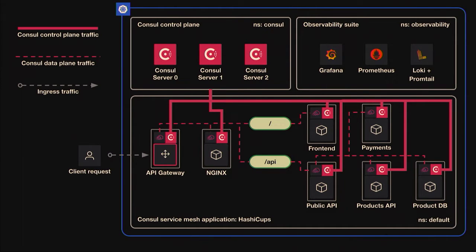The API gateway is the intelligent ingress gateway for our service mesh applications that will route the request to our HashiCups microservices. Down the line, after the API gateway, Nginx will route the traffic to two different paths. The root route goes to the front-end microservice, and then /api goes to the public API microservice, and then to the rest of the microservices downstream.